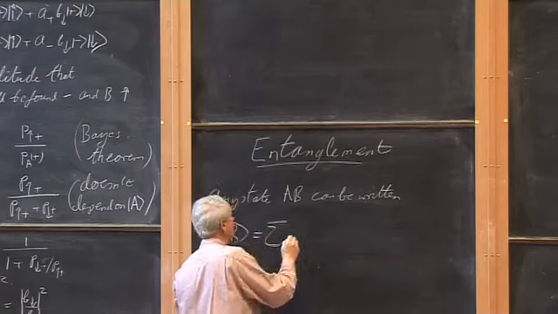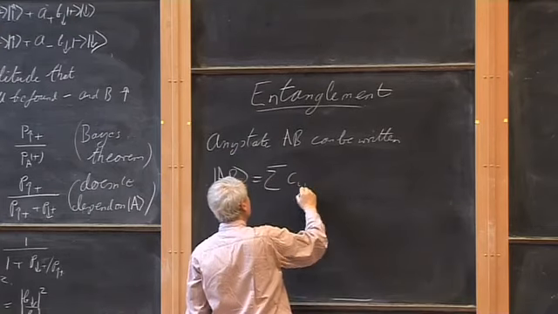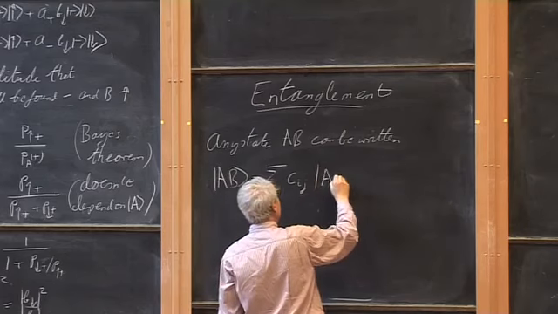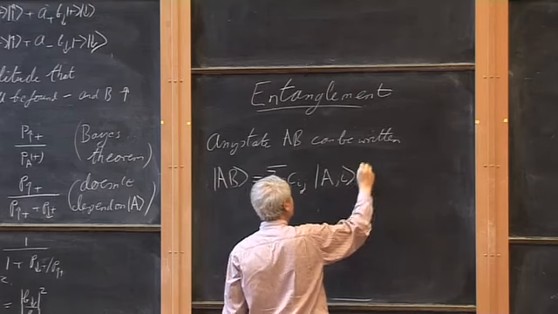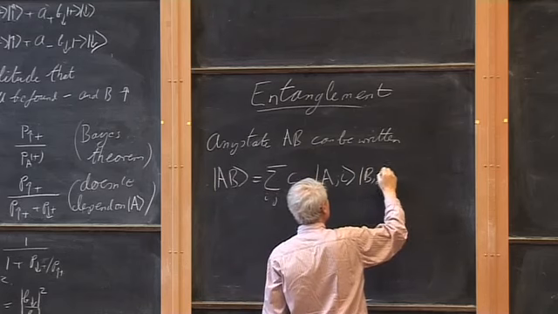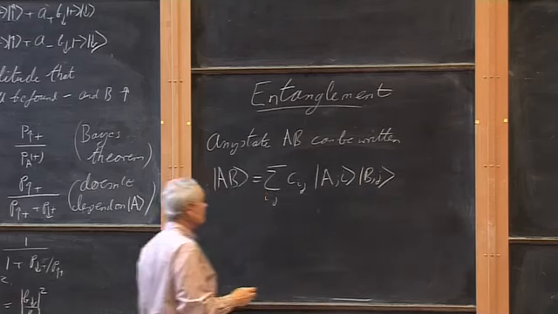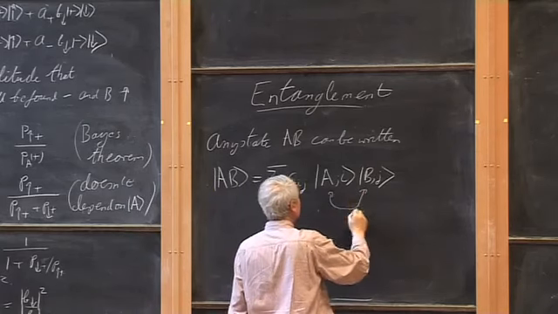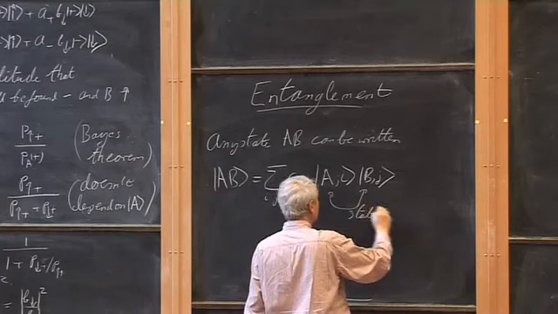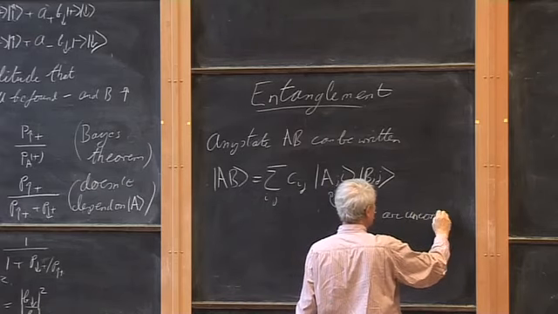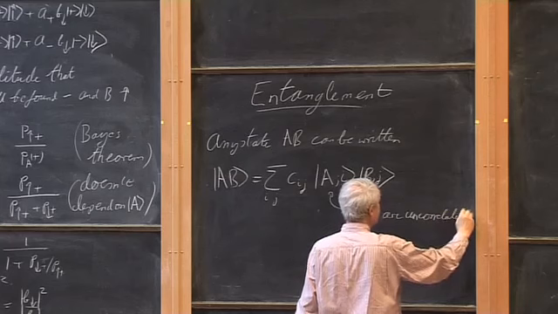equals the sum of Cij, summed over i, summed over j, of states A_i, B_j. These states describe uncorrelated states in which the two subsystems are uncorrelated.